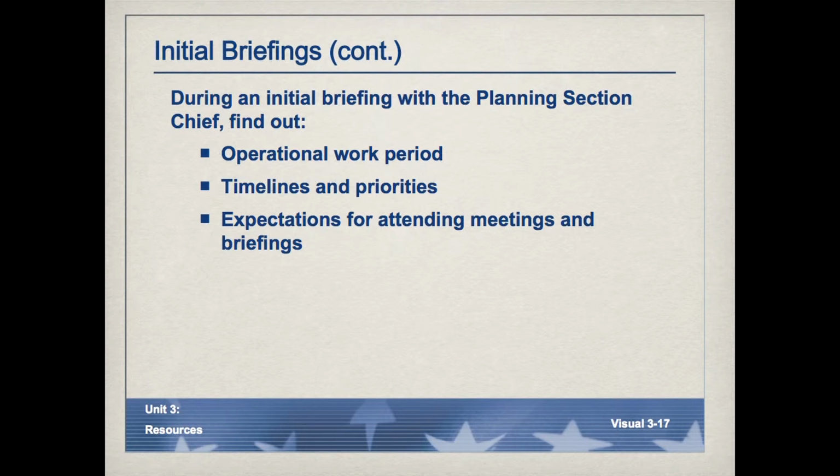You need to understand the timelines and priorities. You need to know what the expectations are for attending meetings or briefings and any other relevant information. Be sure to find out the planning section chief's general expectations. The resource unit leader needs to know the incident-specific aspects of his or her job description.